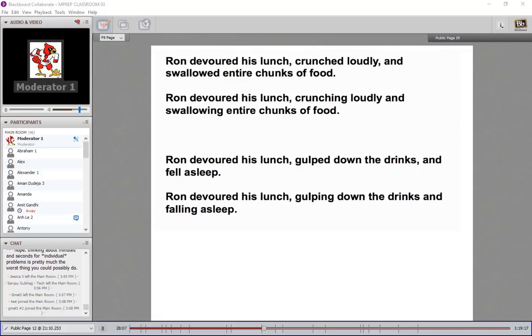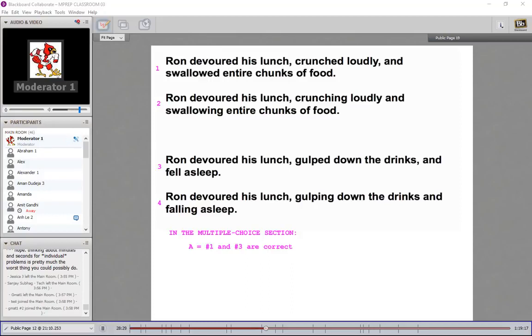Here's the way I want you to vote on this. In the multiple choice section, let's number these 1, 2, 3, 4. Give me choice A if number 1 and number 3 are correct.